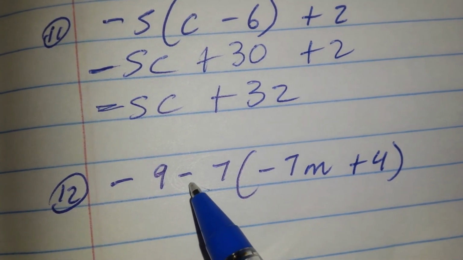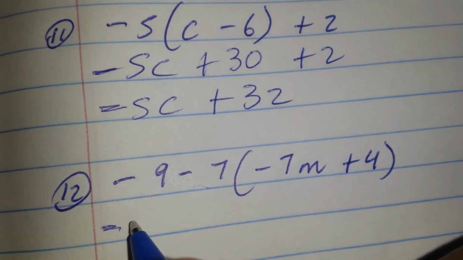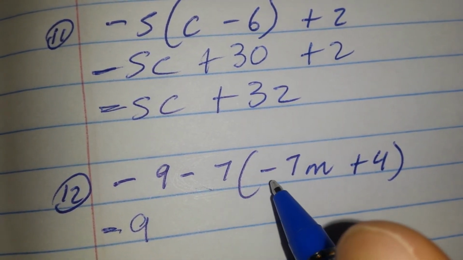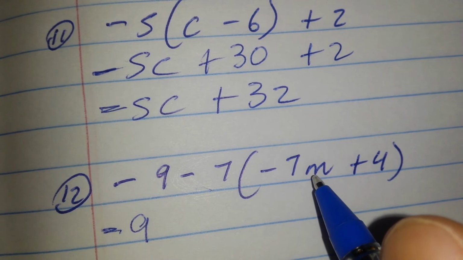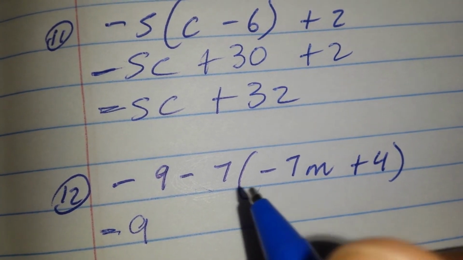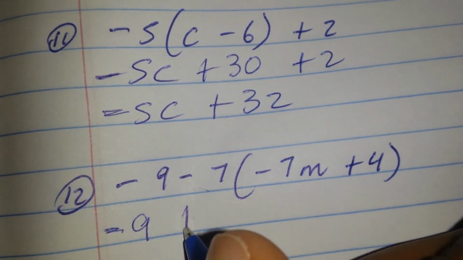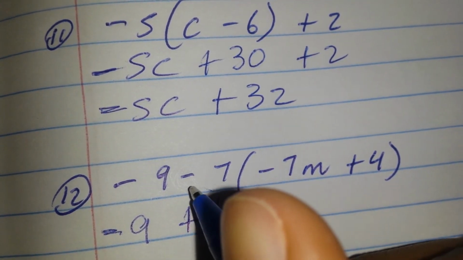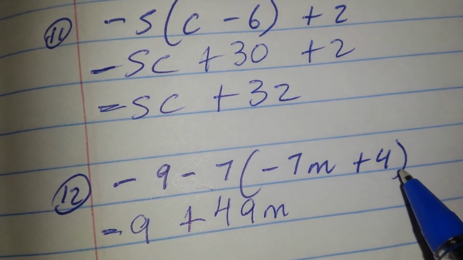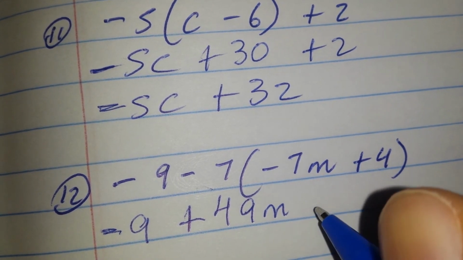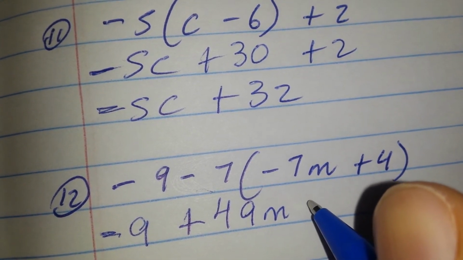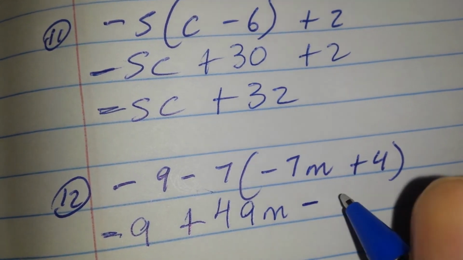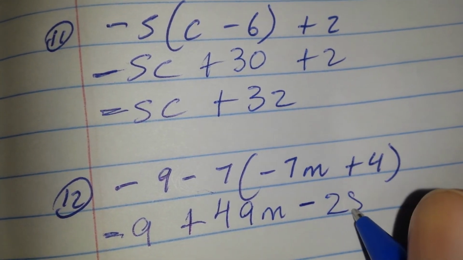We could even write back the minus 9, and we expand the brackets, minus 7 multiplied by minus 7m. That would give us a positive 49m. Minus 7 multiplied by a positive 4, you all tell me, that would give us a minus 28, right?